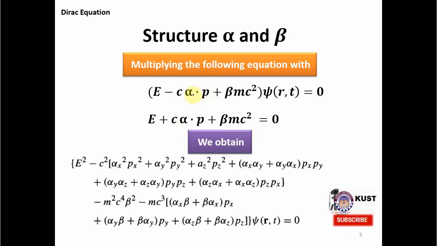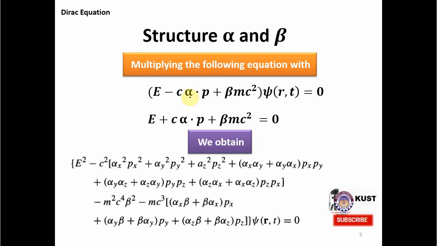So we will get the x component, that is alpha x square px square, and then the y component, alpha y square py square, the z component, and then we will get the mixed components. This is three dimensional, so we have alpha x, alpha y, alpha z, and px, py, pz.